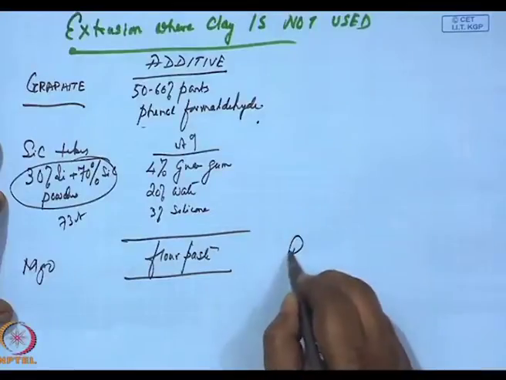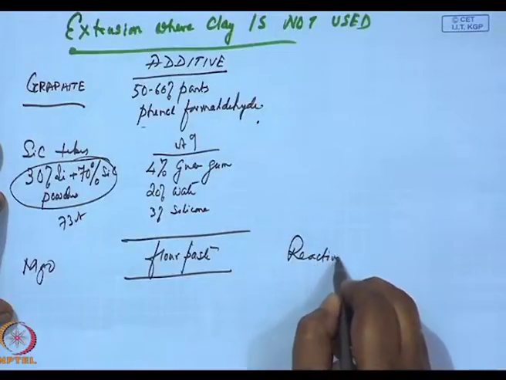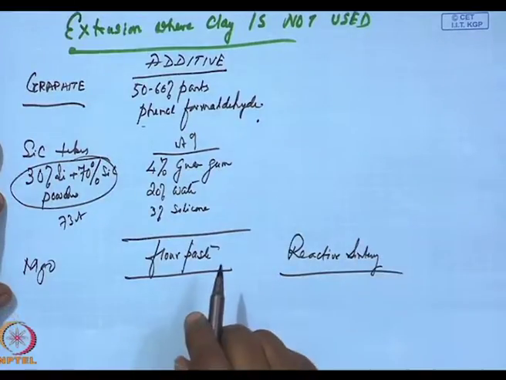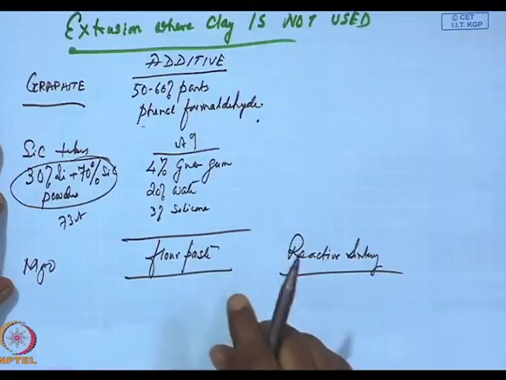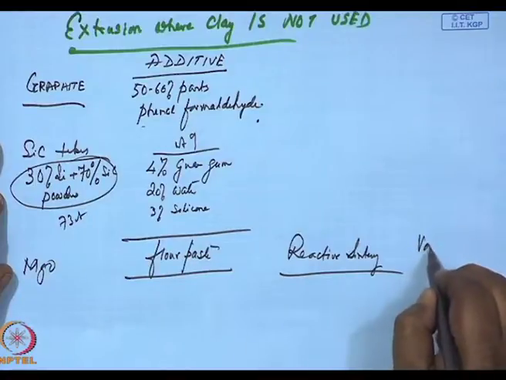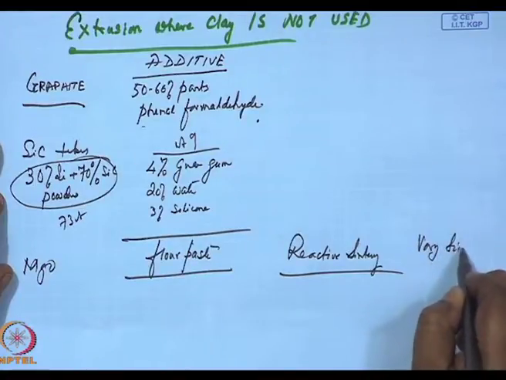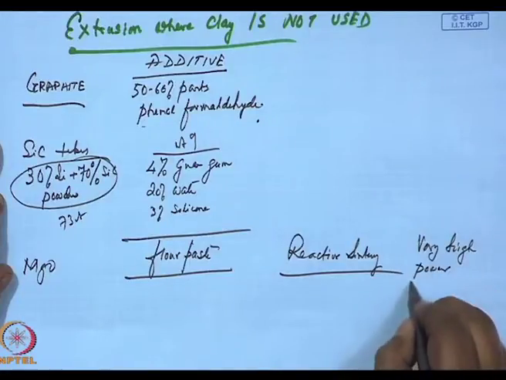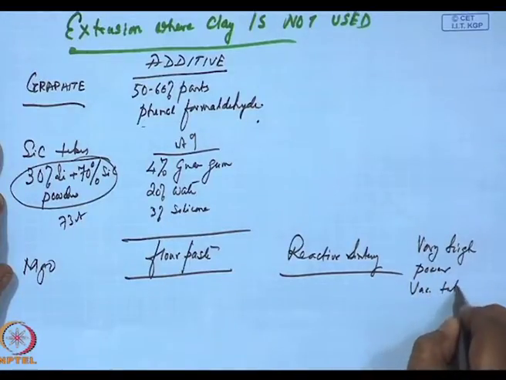So, there will be reactive sintering. The flour paste gives you the much needed dough, like the dough you have at home when you make chapatis, and these are used for making very high power vacuum tube parts.